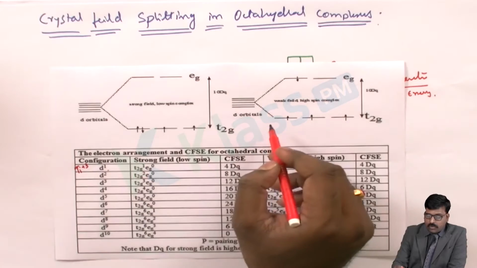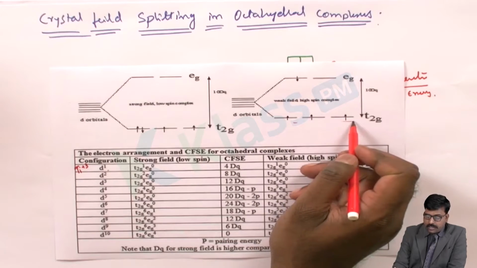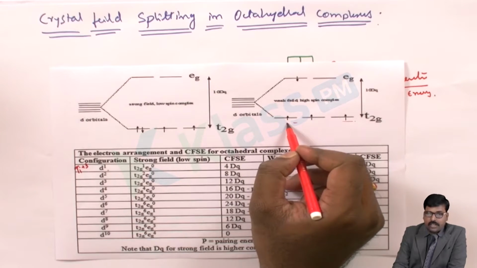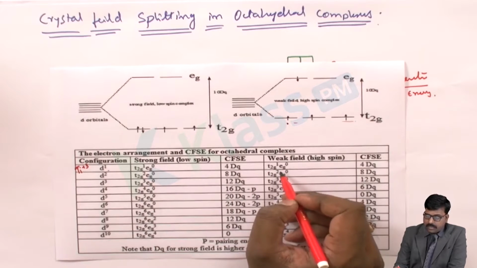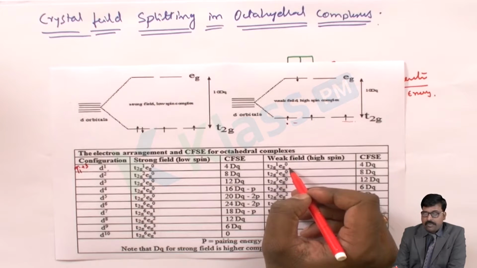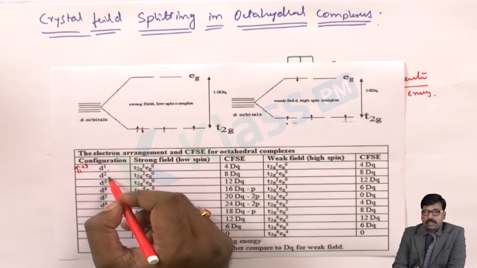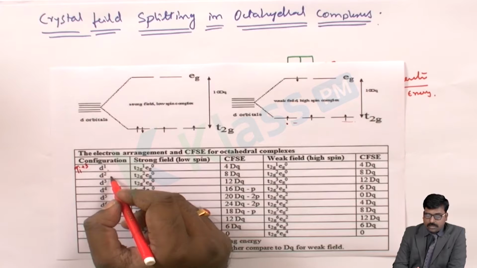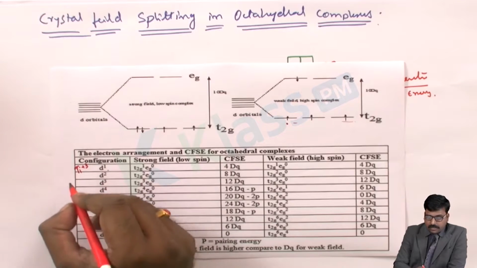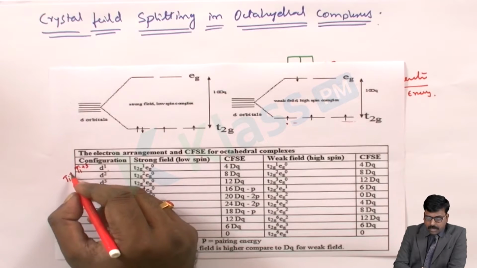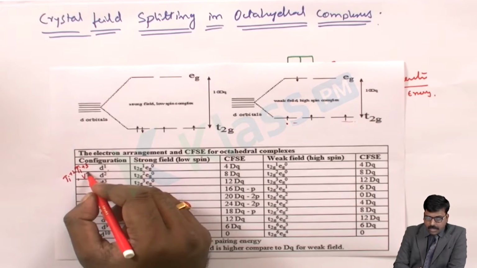The t2g being the lower energy level, the electron will be filled here first. The same case with the weak field ligands. Then d2, when the d orbital has 2 electrons, the splitting will be done in this way, that is, titanium plus 2 and vanadium plus 3.